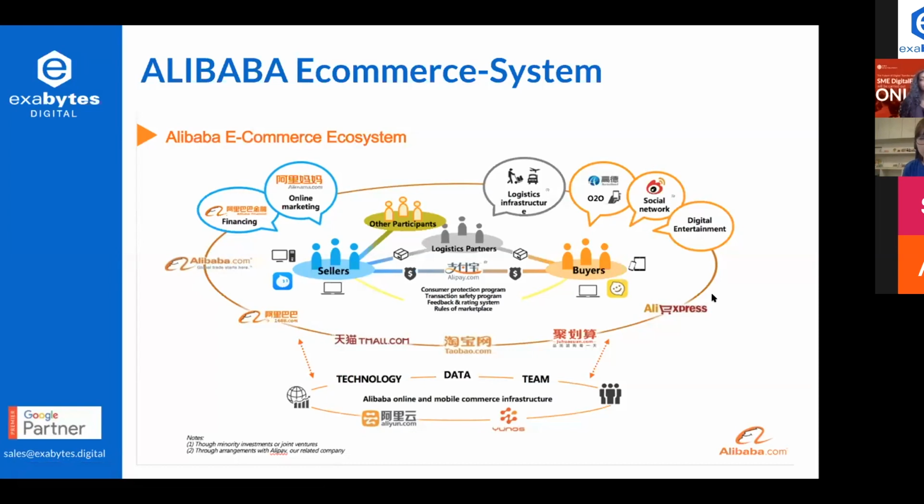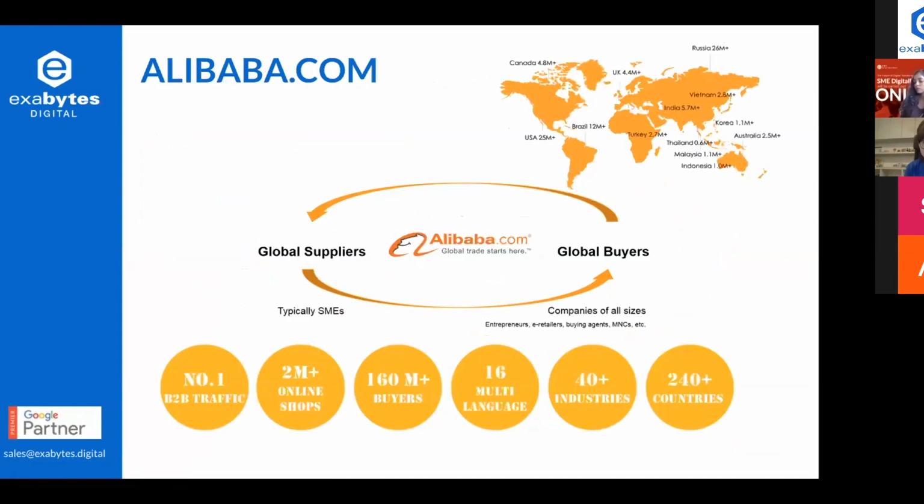You can start thinking of social media networks and a lot of digital platforms to help you transform the business. With the case study of Alibaba, you can see the connection between the global buyer and the seller. Right now, they are still number one in B2B traffic, and they have 2 million online shops and millions of buyers.